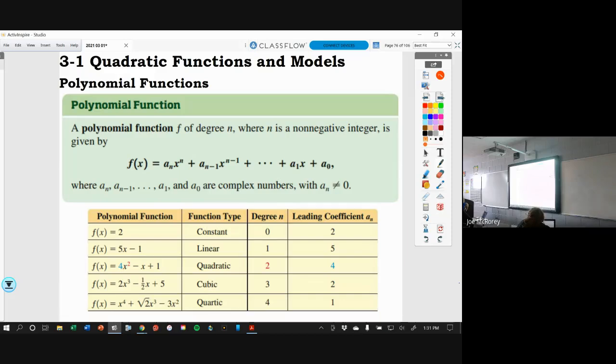Okay. So looking at the quadratic, it's actually colored for us. The highest power is 2. That makes it a second degree polynomial. The coefficient on the 4x squared is 4, which means 4 is the leading coefficient. 4x squared would be the leading term.